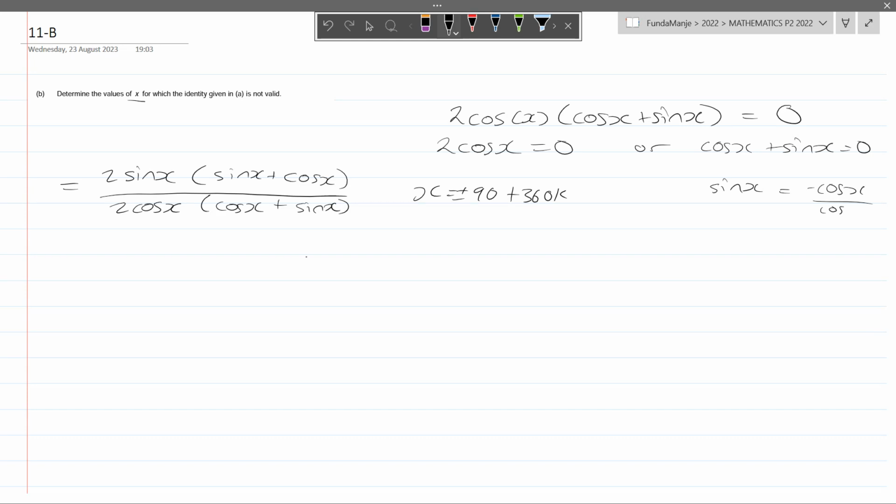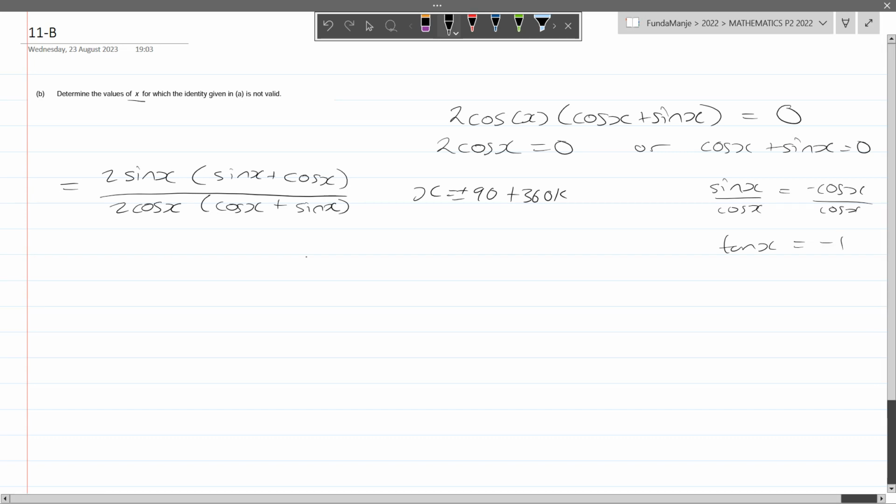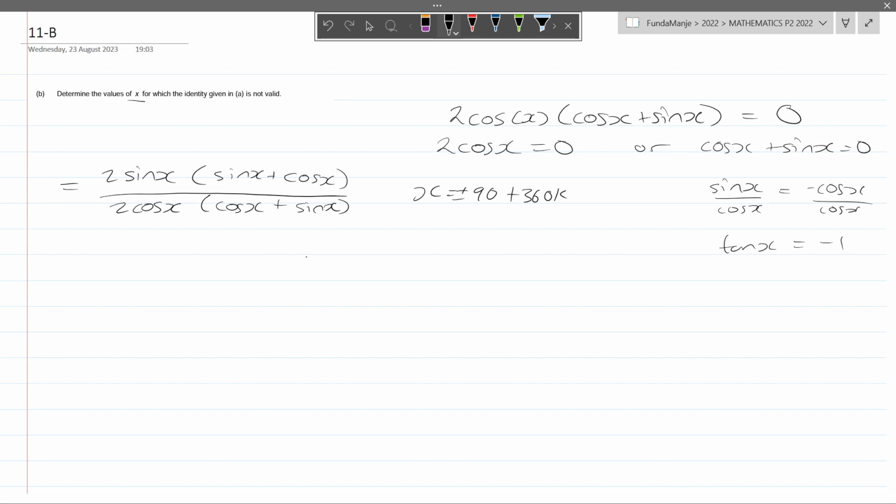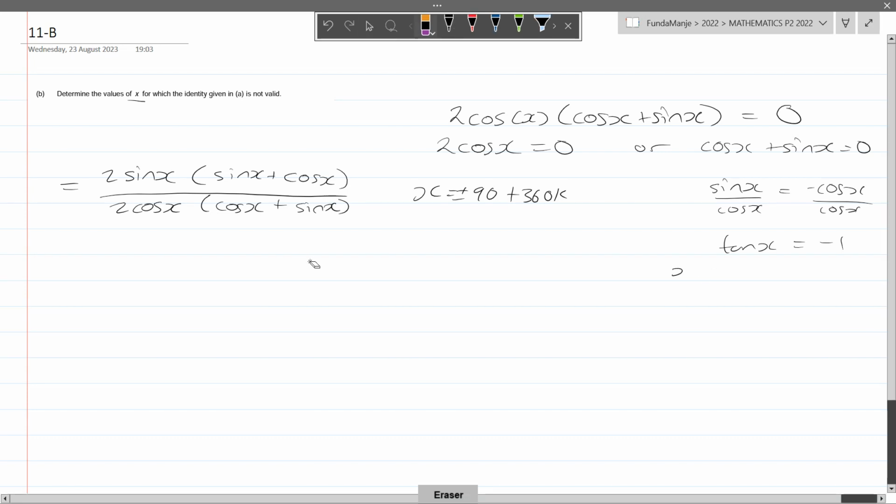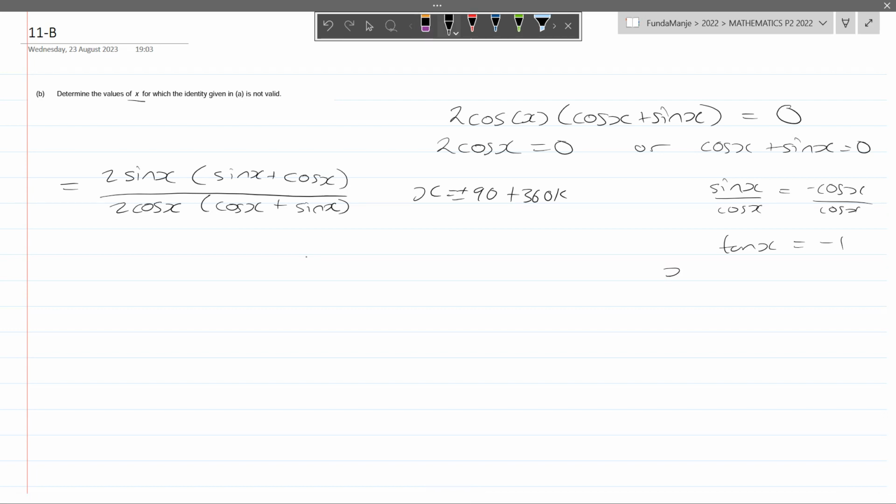Divide both sides by cos x, and you're left with tan x is equal to minus 1. So here we have x is equal to plus minus 90 plus 360k, or in this case we would have x is equal to minus 45 plus the period for tan, which is 180k.